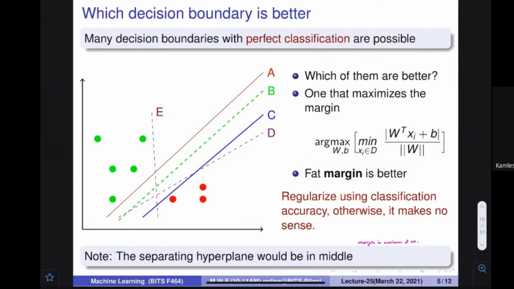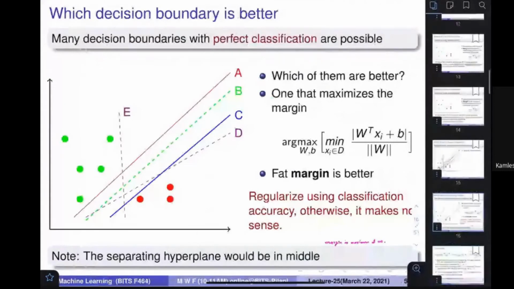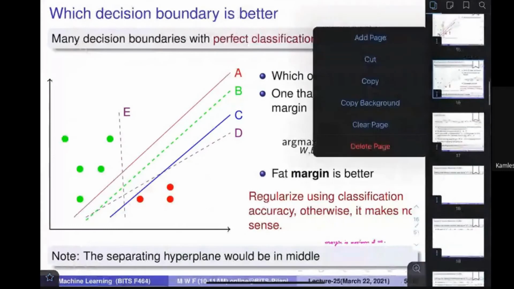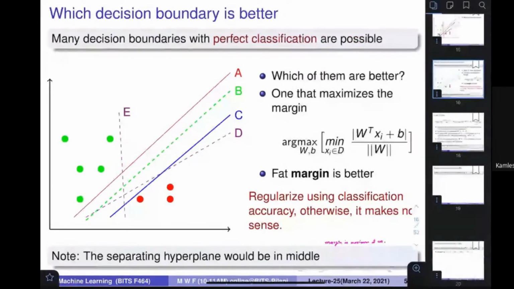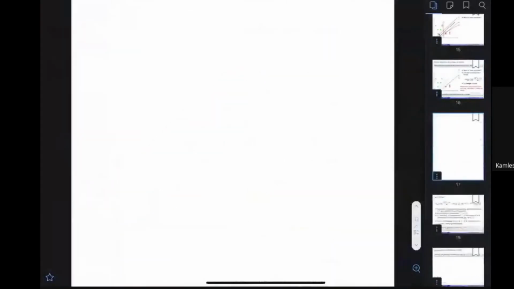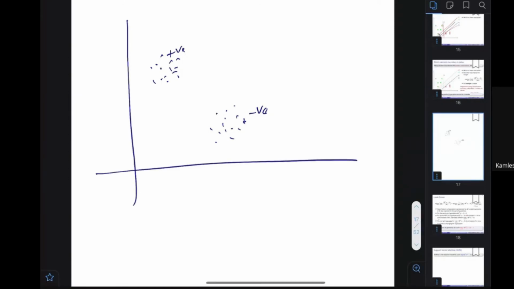Now let me tell you a very interesting idea, using a different page. Let's assume that these are the positive data examples, and these are the negative points.